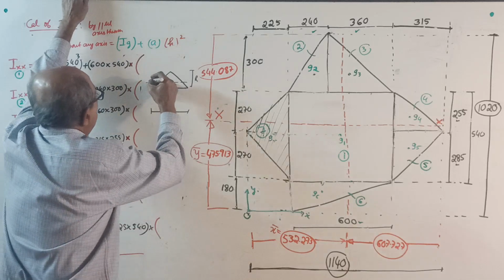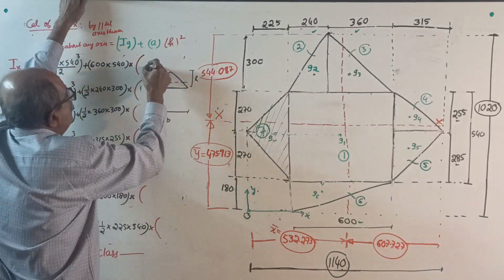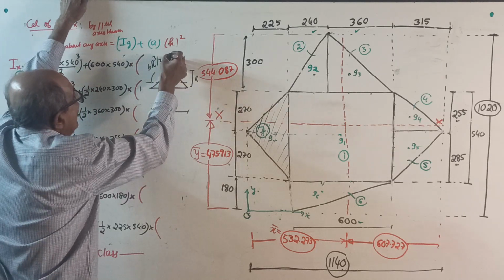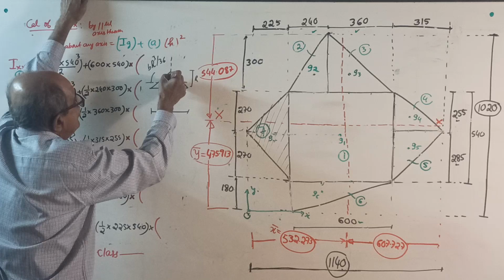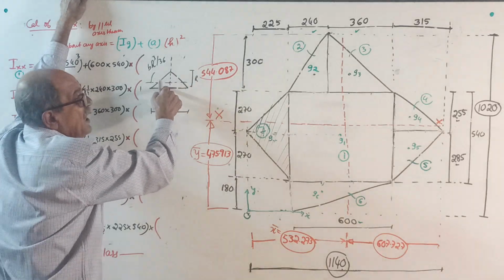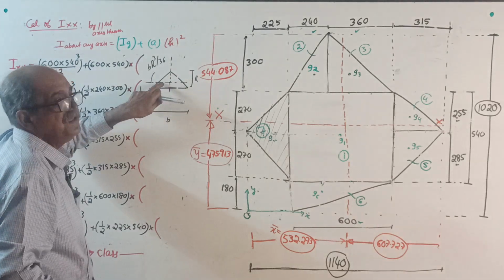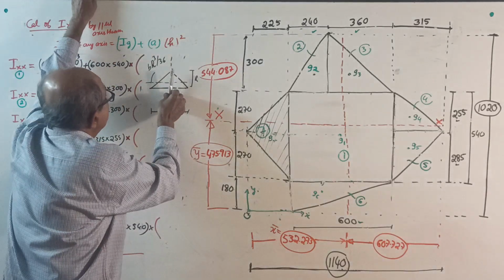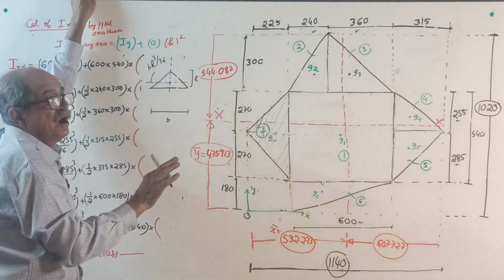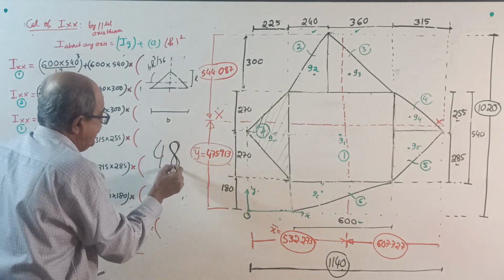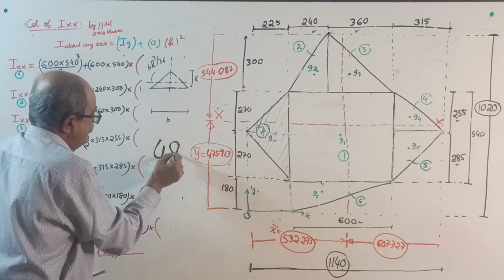So it is correct: parallel B into H cube by 36 only. But for the other centroidal axis, this is not the base. It is the common side for these two. It comes in between. When that parallel side comes in between, it is not 36, it is 48.